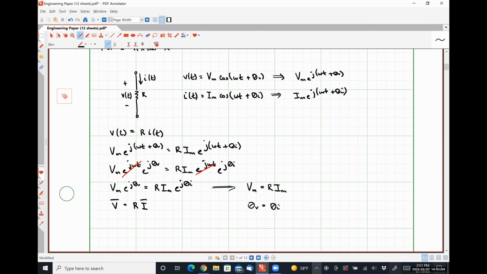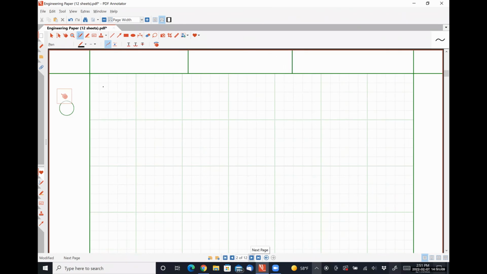Let's look at an inductor next. We're going to use those same representations for voltage and current.